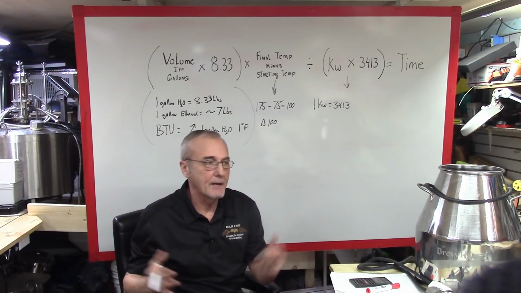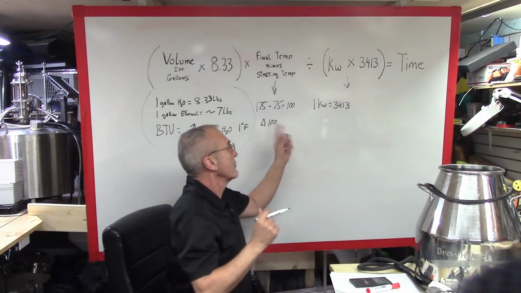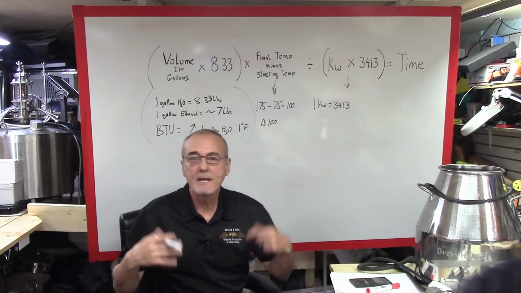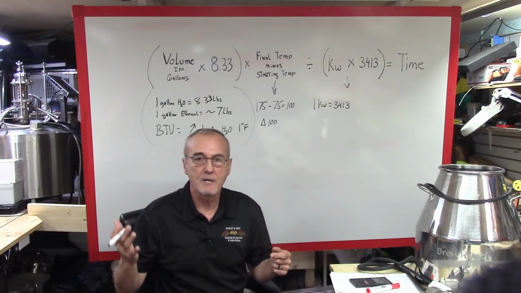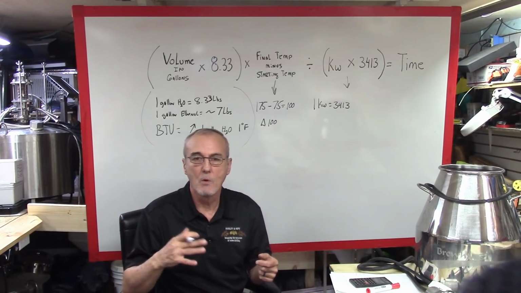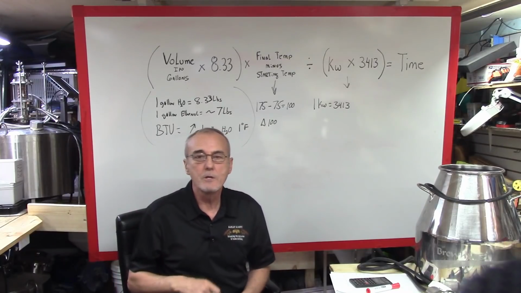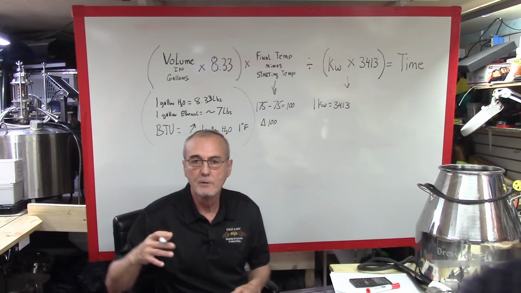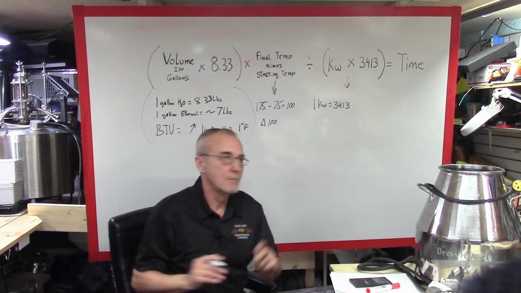Now, in actuality, it's 3412.14. So it's totally up to you. I rounded up instead of rounded down, okay? So you can use 3412, or you can use, I just use 3413 because I've already crossed the threshold of the 12. So it just keeps all your numbers straight.